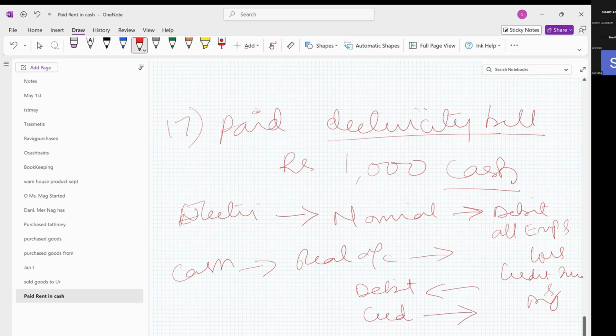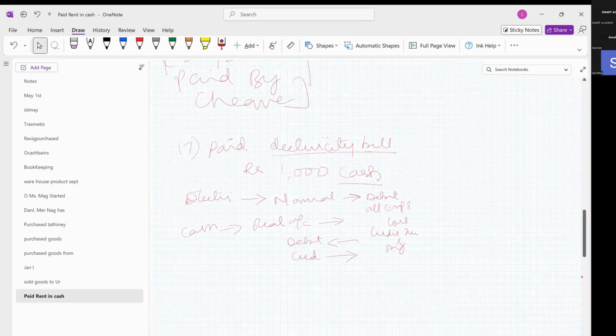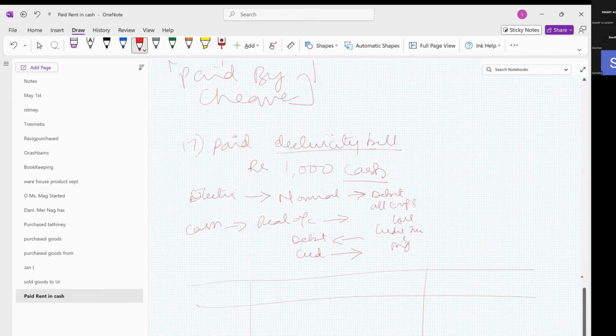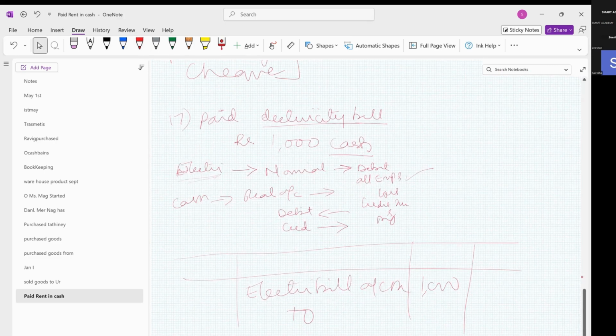Now, if you write the journal entry, electricity is a nominal account. Nominal account means debit all expenses. Electricity bill is an expense, so electricity bill account debit 1,000. To, when you are paying the electricity bill, is cash coming in or going out? Cash is going out.